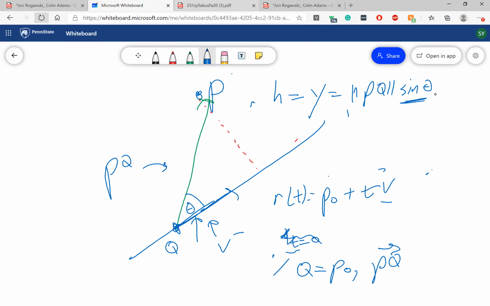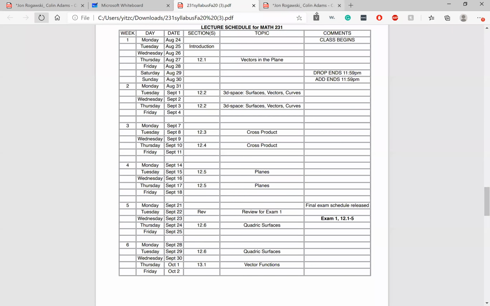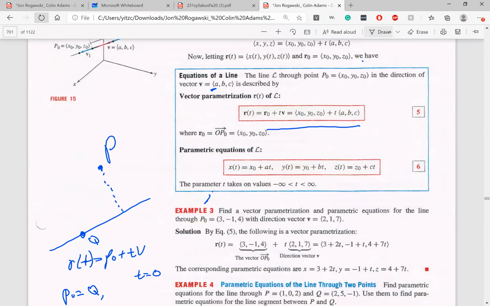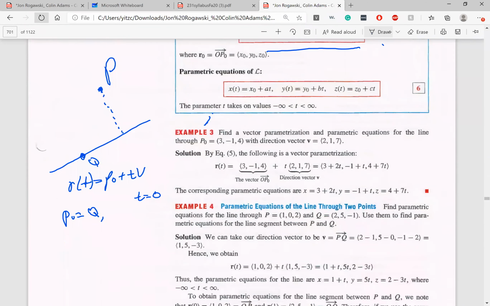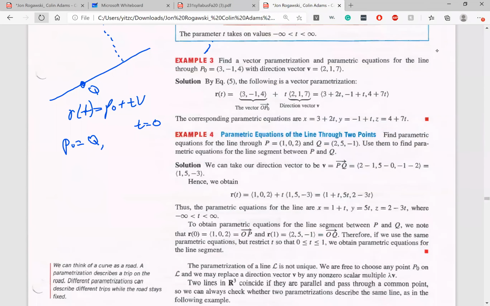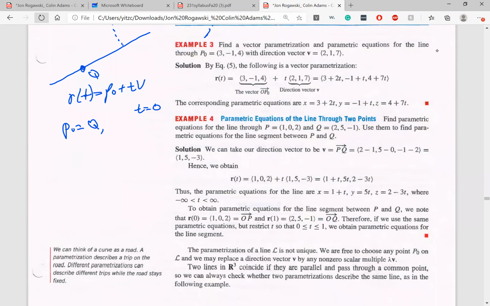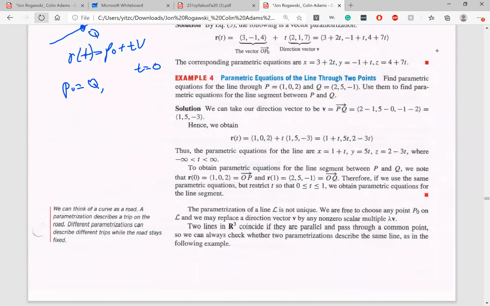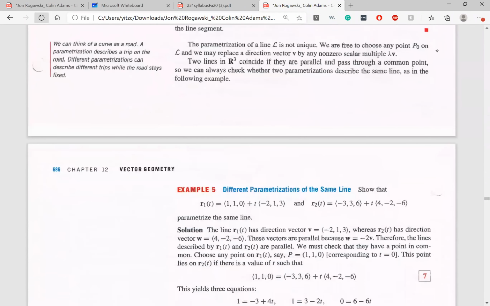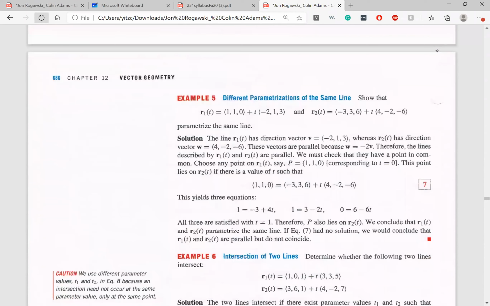So, types of lines. We've seen questions about whether lines are parallel, whether lines go through a point, whether two lines intersect. That was one of the questions that we did. So, intersection of two lines.